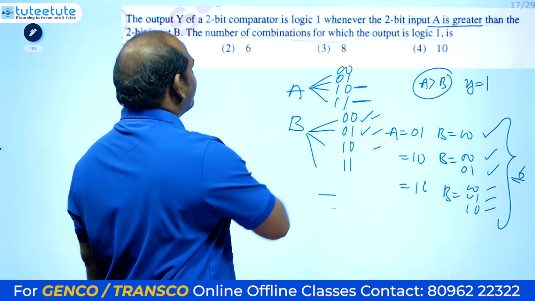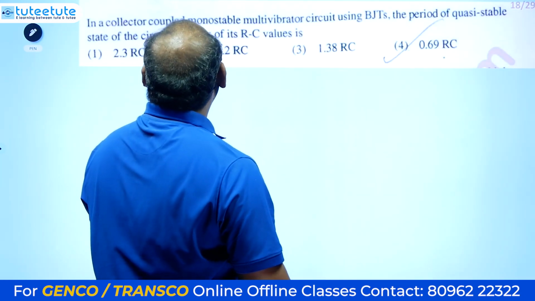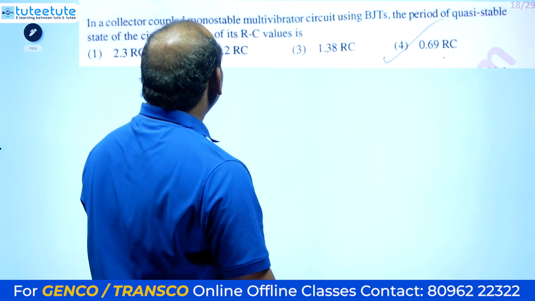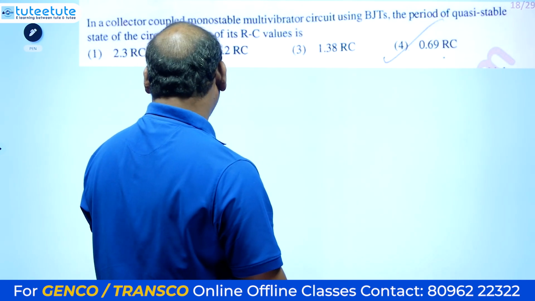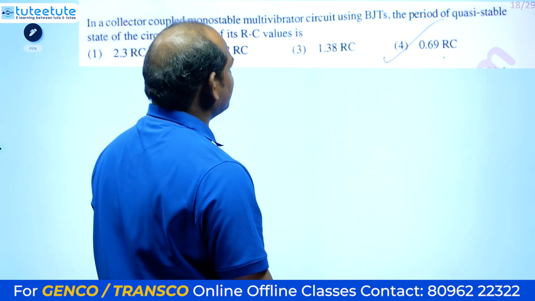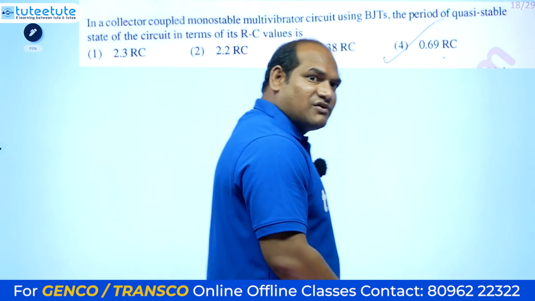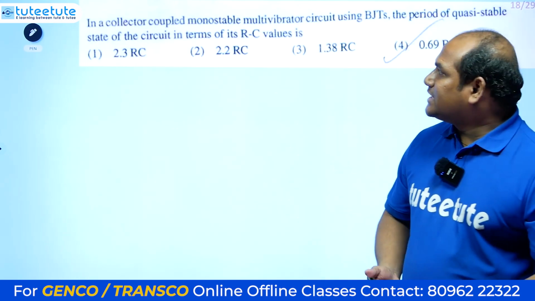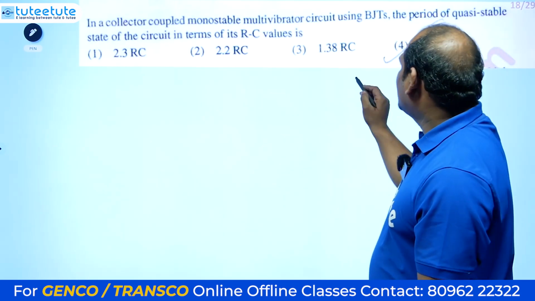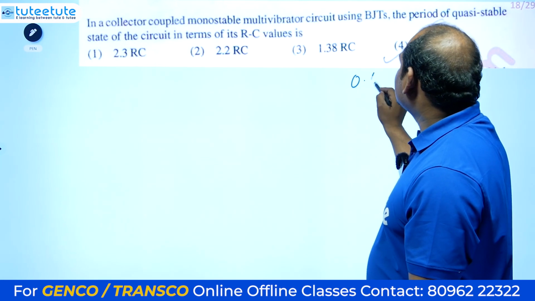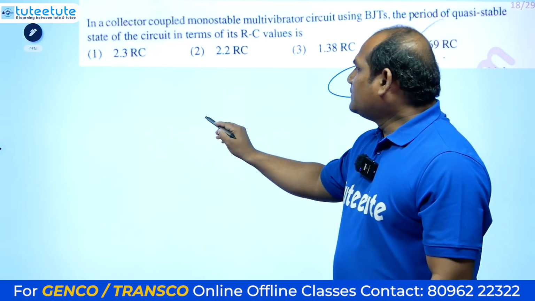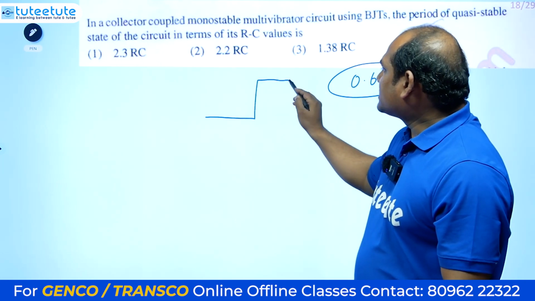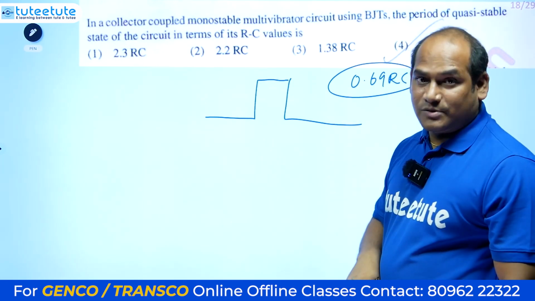Next, in a collector coupled monostable multivibrator circuit using BJTs, the period of the quasi-stable state of the circuit in terms of RC values. It is the standard one only. Using BJT, if you take the monostable multivibrator, how much time you will get? 0.69 RC. For this many seconds, the output will be in the quasi-stable state and then automatically come back to the stable state.